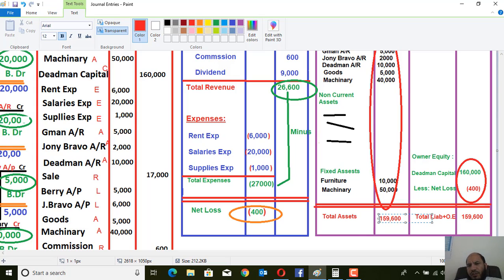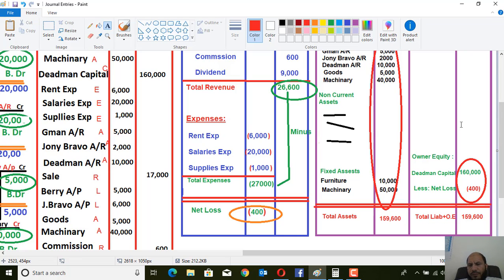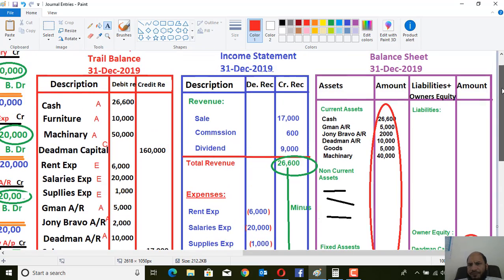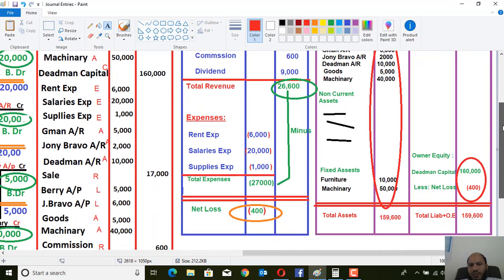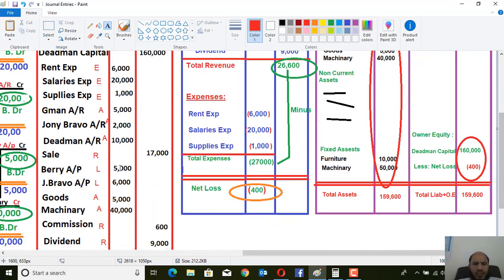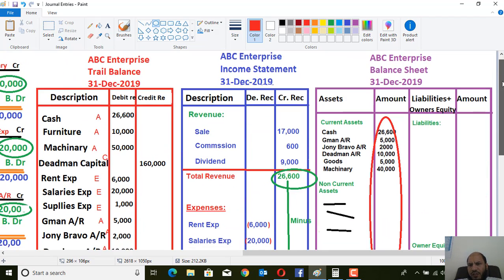It should be equivalent, and if there is any mistake, it will not come equal to one another. Dear students, we have left two things which are the liability accounts. If you see over here, you may find the liabilities account, and for this account we have already paid the cash, but we have not added this over here.